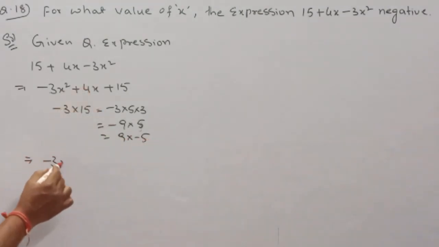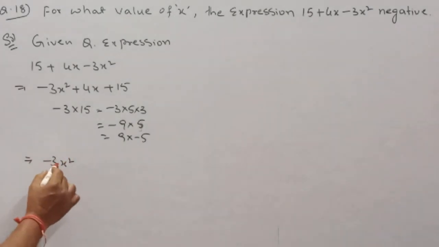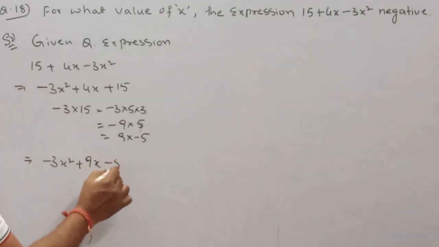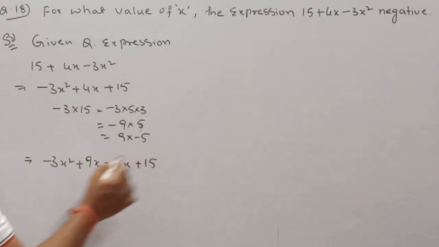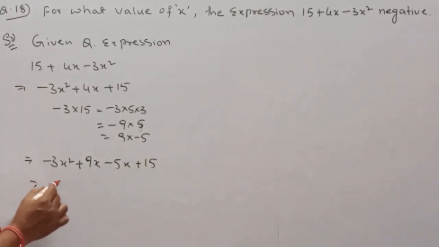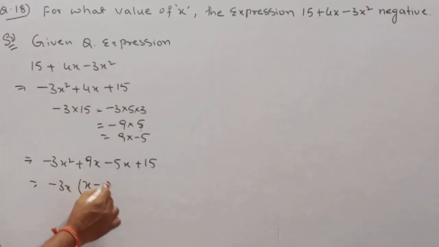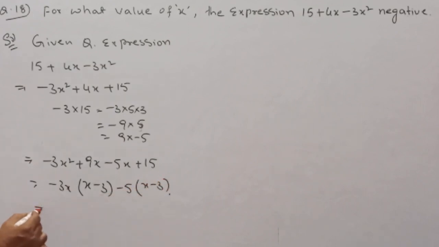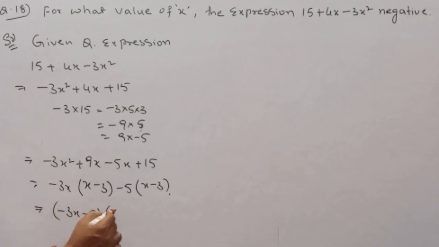This can be written as minus 3x square plus 9x minus 5x plus 15. So minus 3x of x minus 3 minus 5 of x minus 3. So minus 3x minus 5 into x minus 3 are the factors.